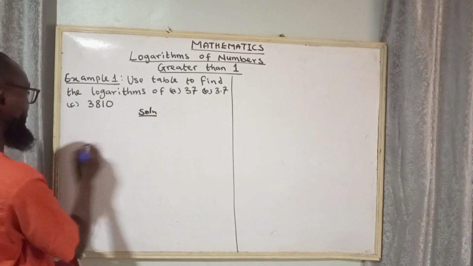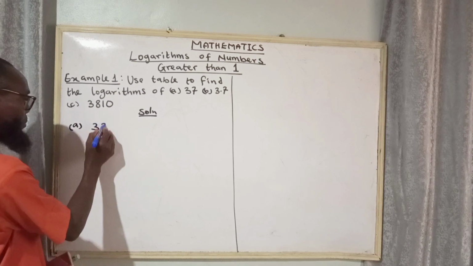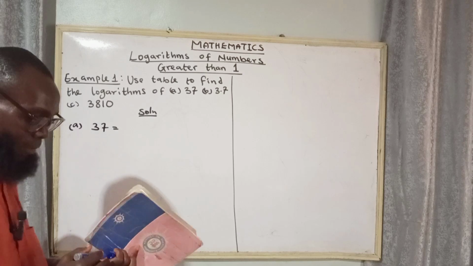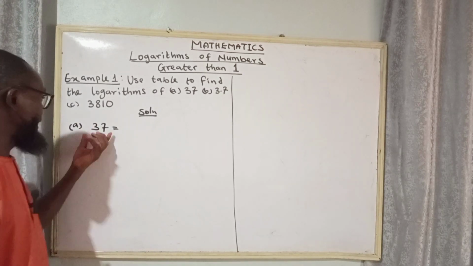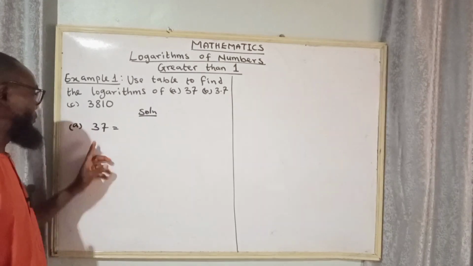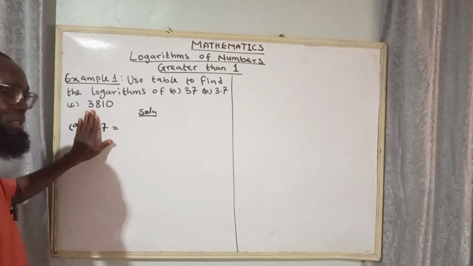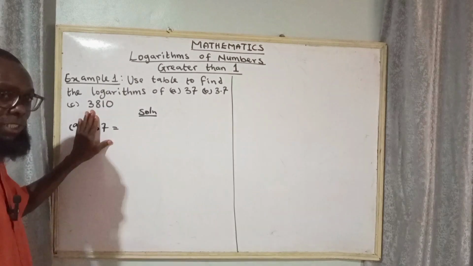The first one, question A, we want to find the logarithm of 37. One thing we have to bear in mind in looking for logarithm is this: the first digit here is 3. You are going to cover this 3 as if it does not exist. We are still coming to use it.